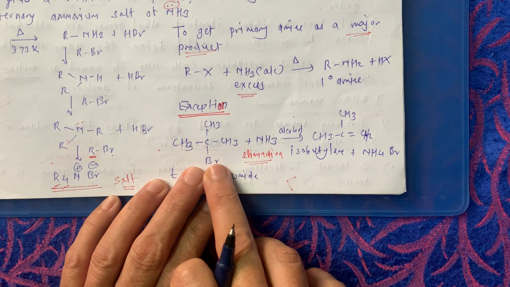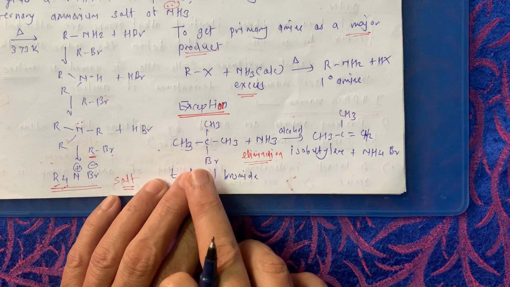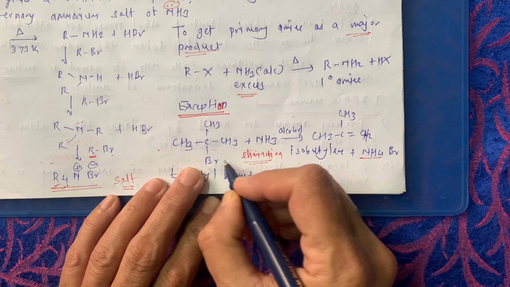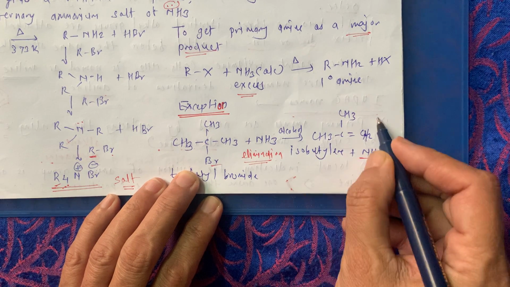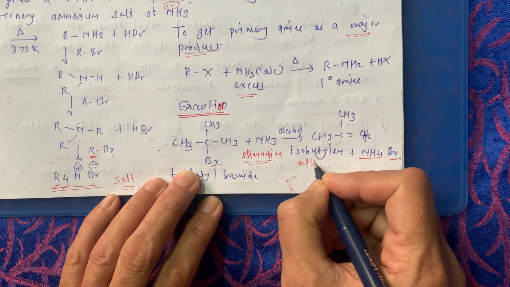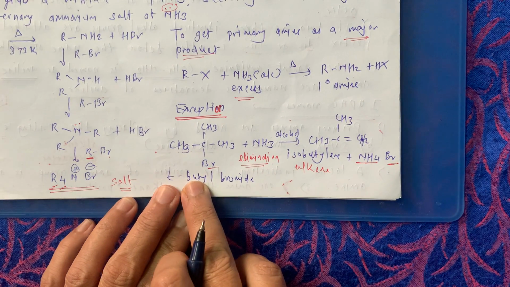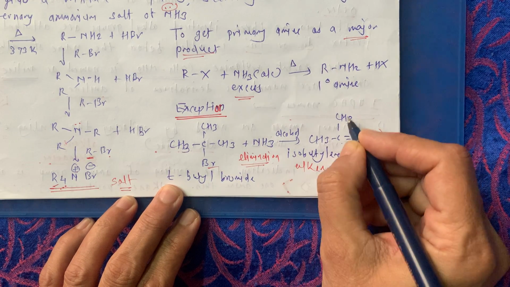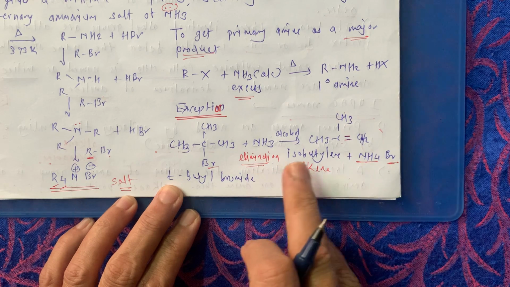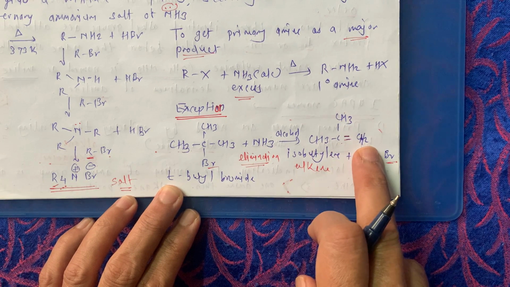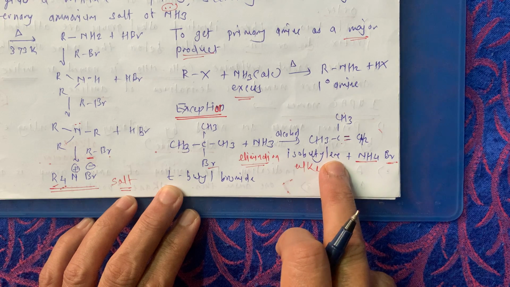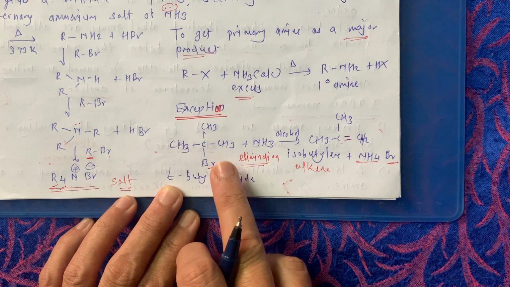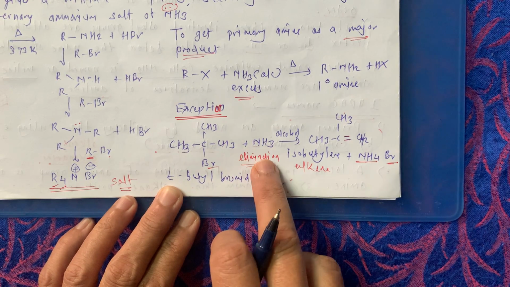Bromine and one hydrogen are eliminated, so NH3 is converted into NH4 with bromine attached, and the product is an alkene. If we start with tertiary butyl bromide, we get the product isobutylene, CH3C(CH3)=CH2. This is also with alcoholic ammonia. So this is an exceptional reaction, and you have to remember this.